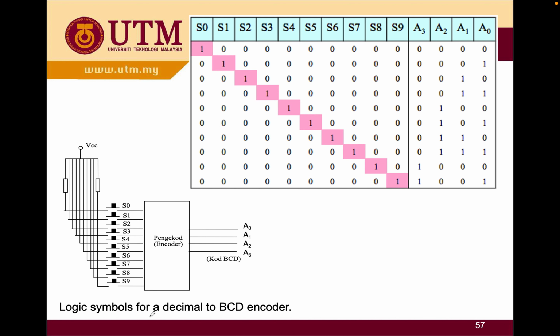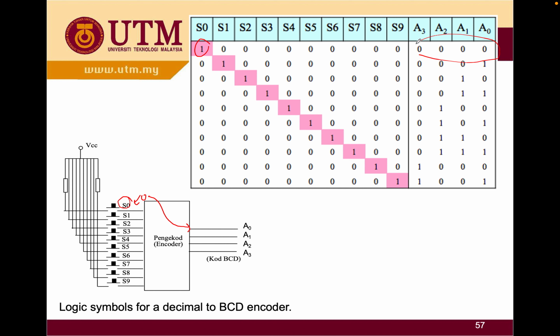Okay, let's take a look through the table. That is much easier for you to understand. Here you can see a high input for S0, which is the switch S0. Then your output will be 0, so if you convert to binary, you're going to get 0, 0, 0, 0.